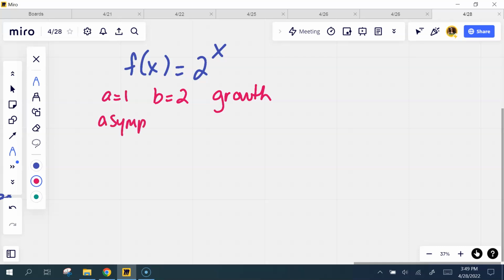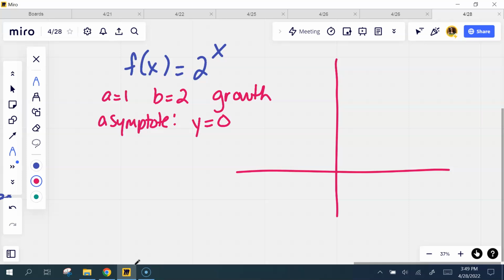I know that my asymptote here is going to be y equals 0. Okay. So if I graph this, I just want to start at y equals 0. There's my asymptote. And now I'm just going to pick a couple points that'll be easy for me to graph.